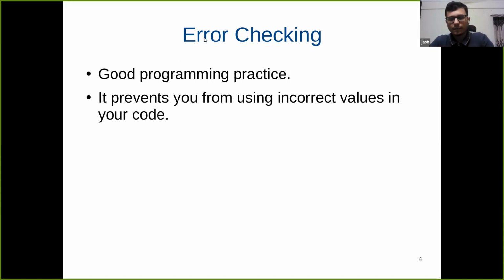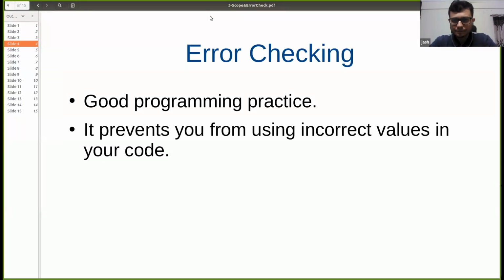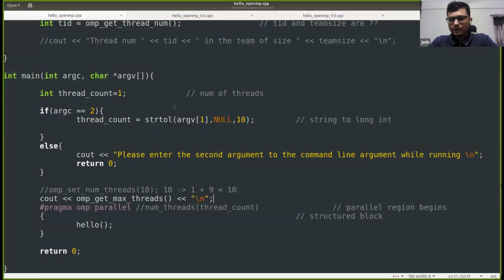So let us go back to our Hello World program. The simplest error check that we have done here is checking the command line arguments and, based on that, taking some steps.